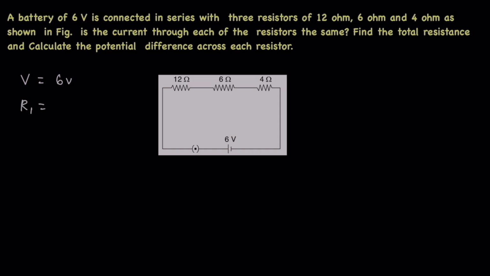R1 we can consider as 12 ohm, R2 6 ohm, R3 4 ohm, and here current is the same. So we already know that in series current remains the same. So each of the resistors will get the same current.